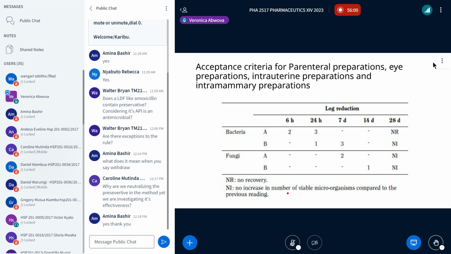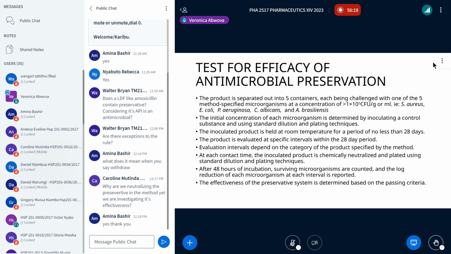So what we want to see is whether this preservative has worked and been able to reduce the microorganisms. So we come at 6 hours. Remember, the amount of microorganisms we added was 1 times 10 to the power of 5. So that's the amount we added.